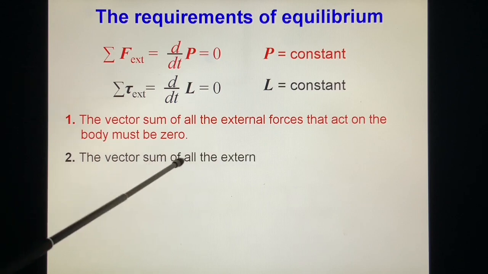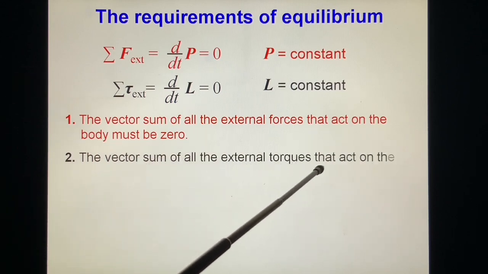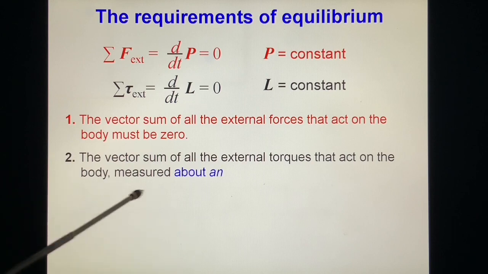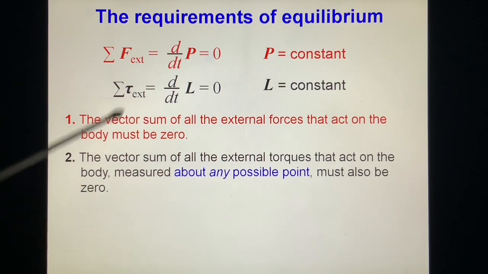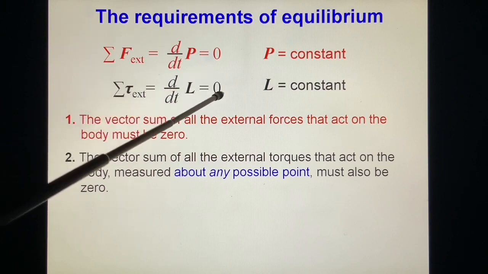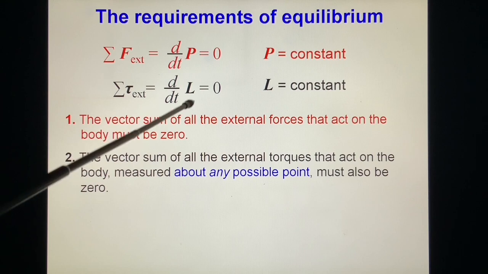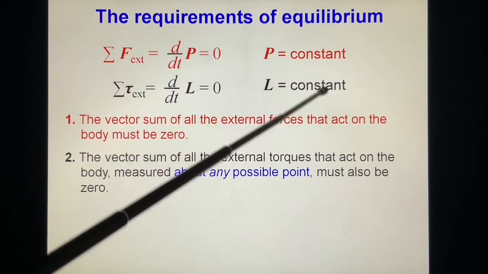The vector sum of all the external torques that act on the body, measured about any possible point, must also be 0. Now, sigma torque about any point equals 0. That means the angular momentum L is constant.